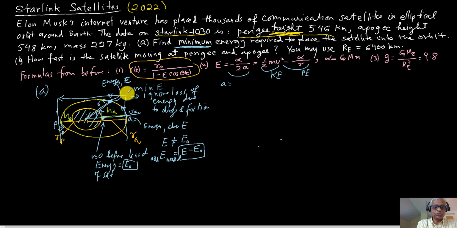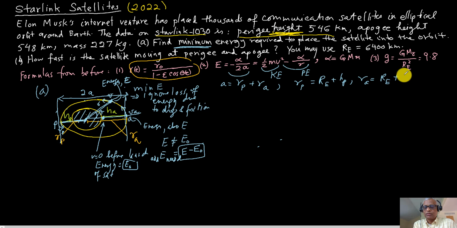This total is 2A. So A is RP plus RA over 2, where RP will be the radius of the Earth plus HP, and RA will be the radius of the Earth plus HA.